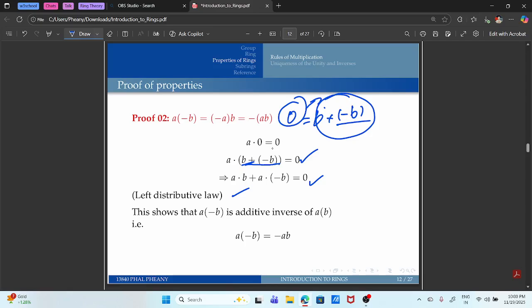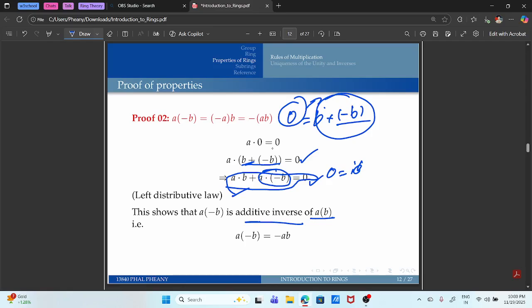Okay. So now we see that this part, a times minus b, is the additive inverse of a times b, right? Because a times minus b plus a times b is equal to 0, and 0 is the identity.